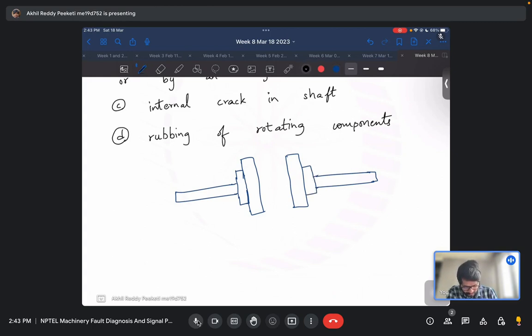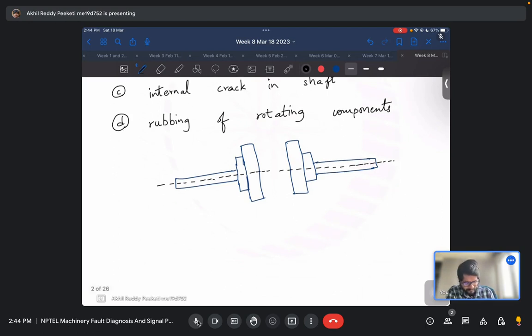If they are concentric, the central axis of the driving shaft should pass through the central axis of the driven shaft. This is the prime mover shaft and this is the driven shaft. If their axes coincide, that means all the cylinders are concentric, then there is no misalignment.